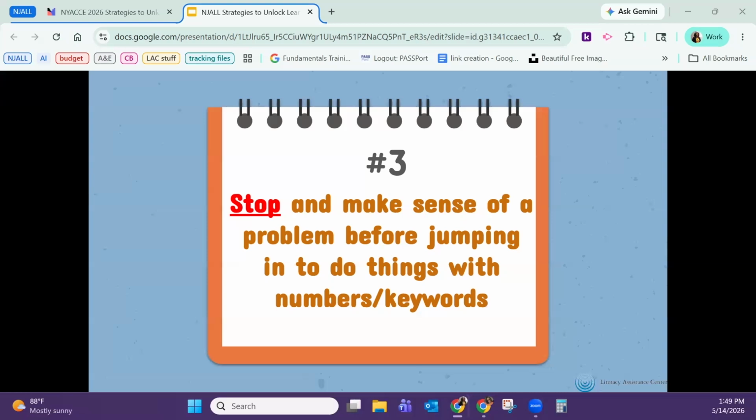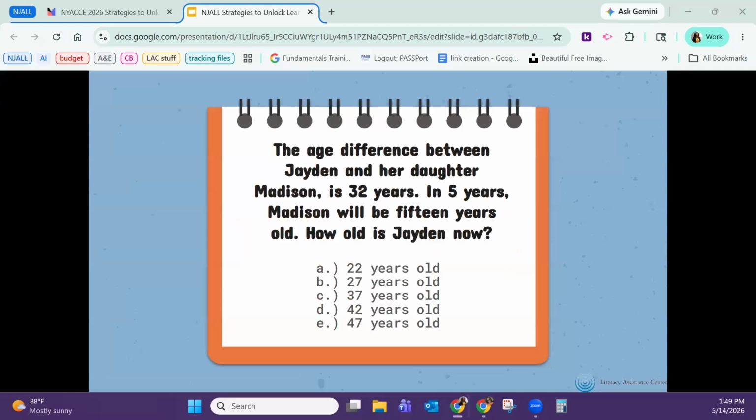Here's a classic example. This problem here. I see a keyword. I remember this.